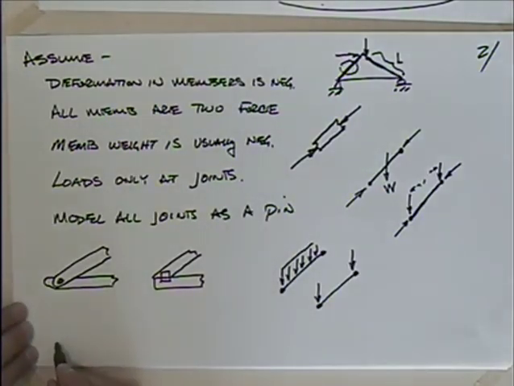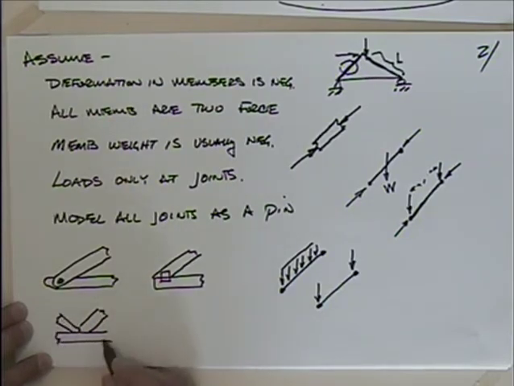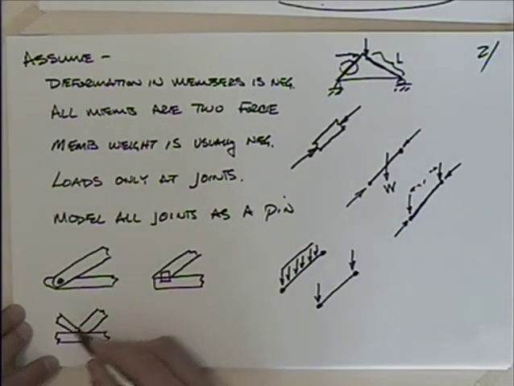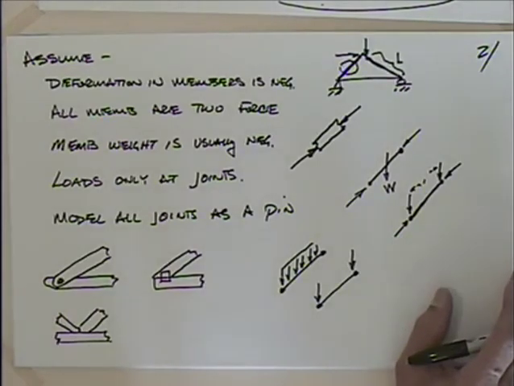Some of the sky bridges around campus, you might see members coming together like this, and it's welded together, you can probably still analyze that as a pin. If they start putting great big gussets in here and reinforcing it, then it's probably not going to model as a pin very well.